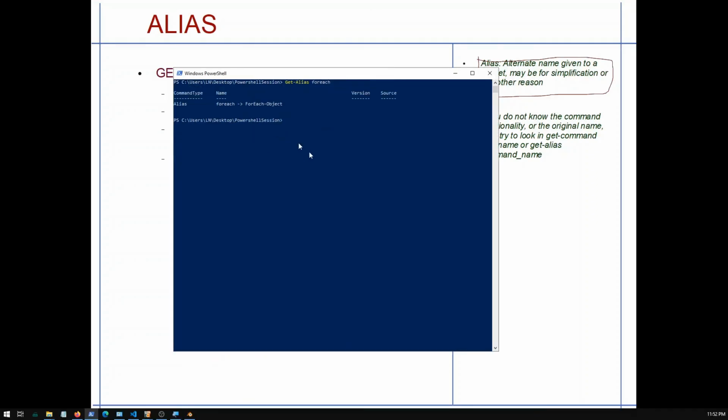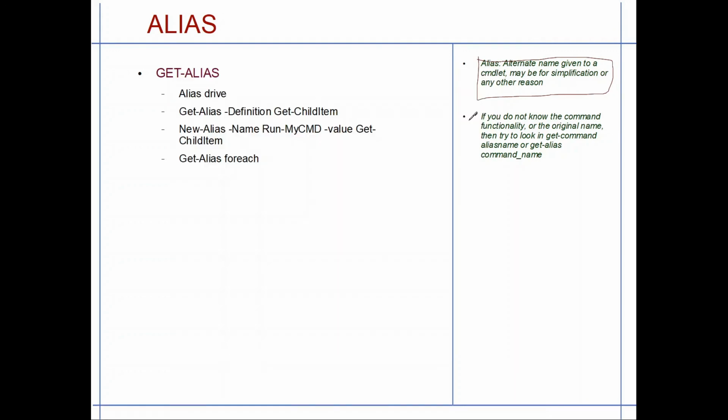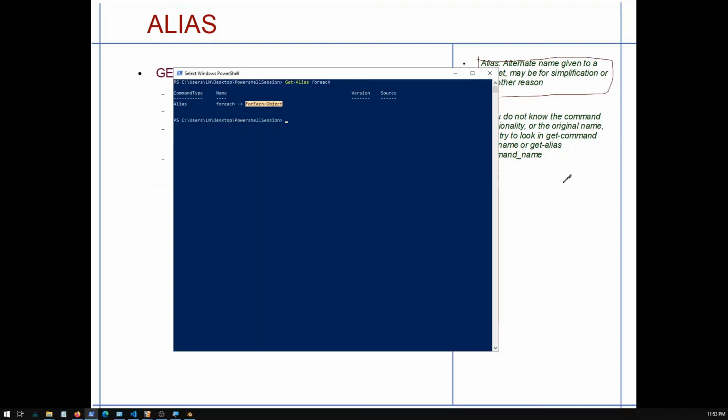In the same way we can search for alias commands. For example, I want to see what is foreach. Then I get to know that foreach is a short form or alias for ForEach-Object. If you do not know the command functionality or the original name of the command, then you can use Get-Command with the alias name, or you can use the Get-Alias command to find the real name of the commandlet, like I did here.